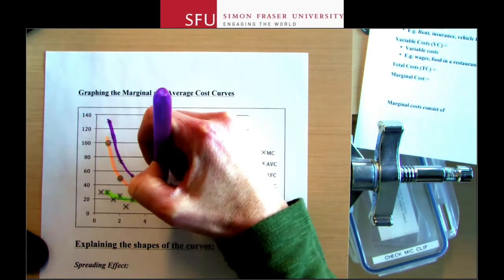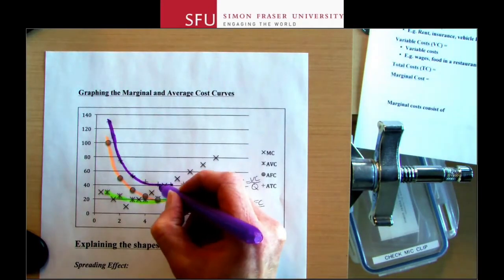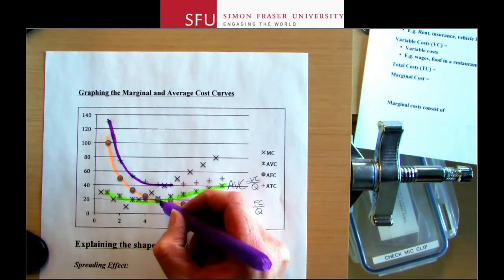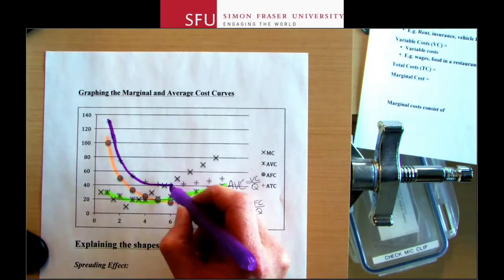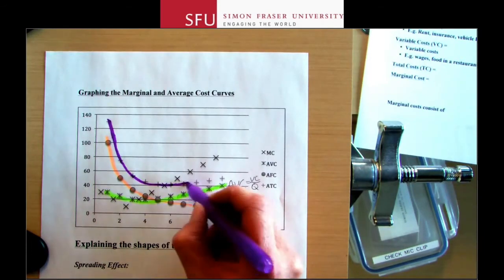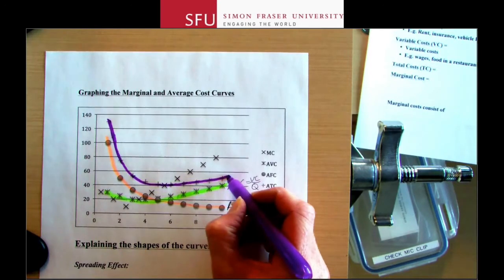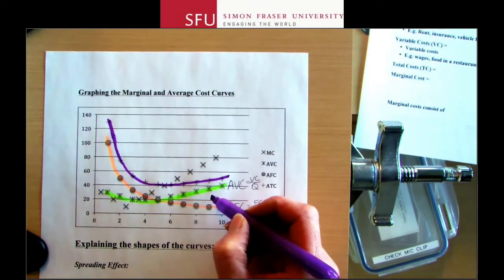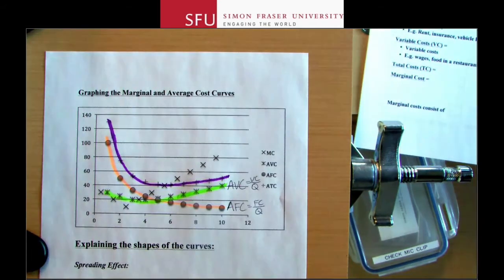But at some point, between here and here, the average total stays the same, because the up of the average variable is the same as the down of the average fixed, so the net change is 0. And then over here at larger quantities, even though your average fixed cost is going down, your average variable cost is going up by more. So the net is an increase in your average total cost.